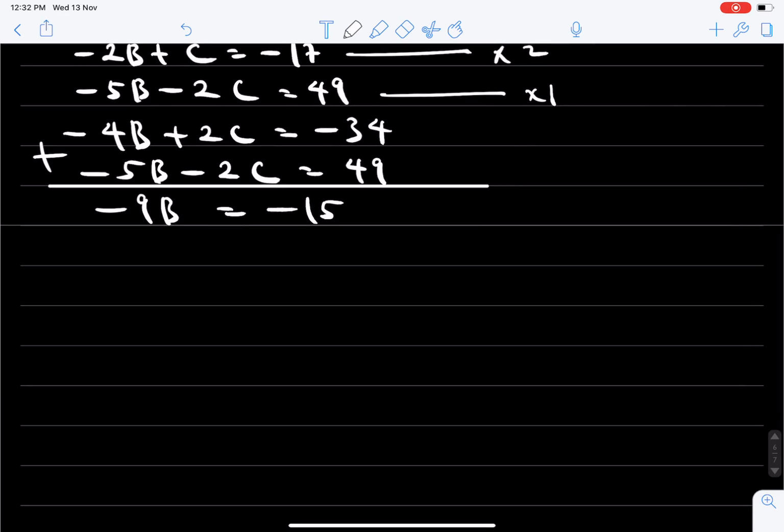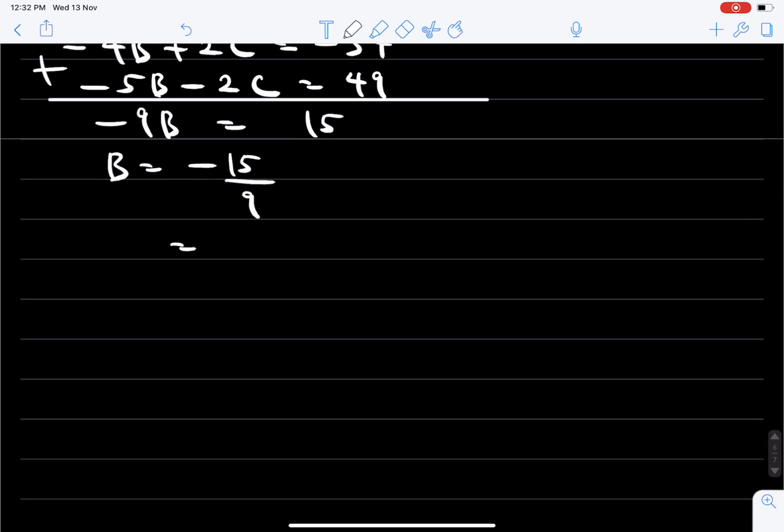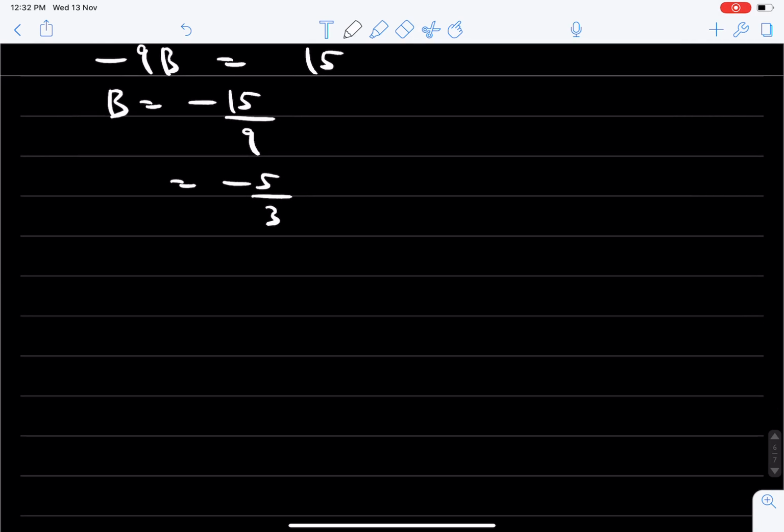No, minus 34 plus 49 is 15, and that means b equals minus 15 over 9, which is minus 5 over 3. That's minus 5 over 3.